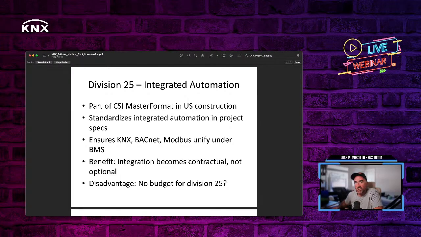All right, so it ensures that KNX, BACnet, and Modbus unify under BMS and they talk together, okay? And the main benefit of Division 25 is that integration becomes contractual, not an option, okay? So this is actually one of the main benefits of this.